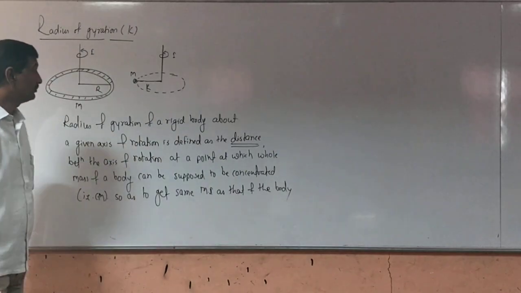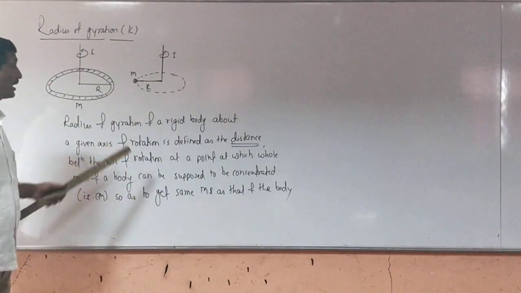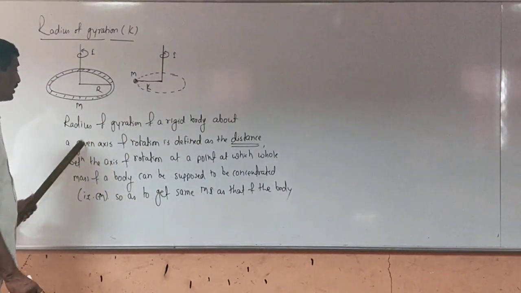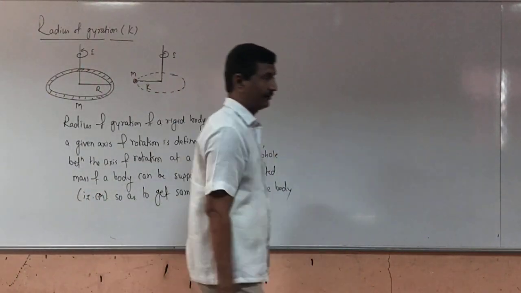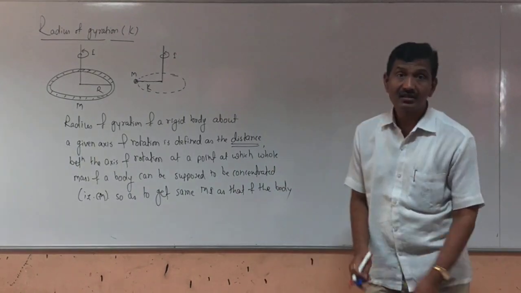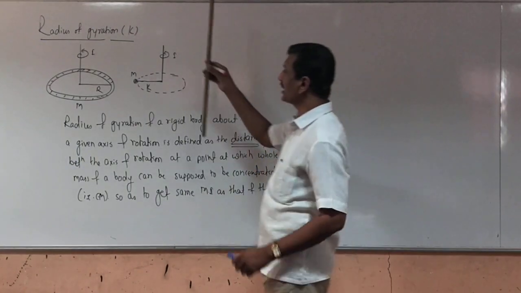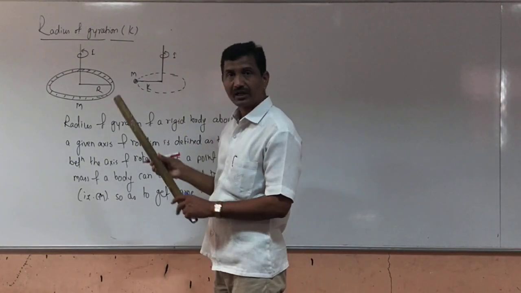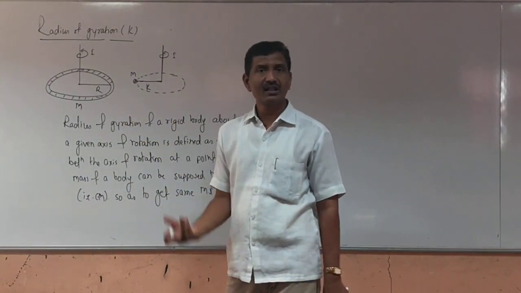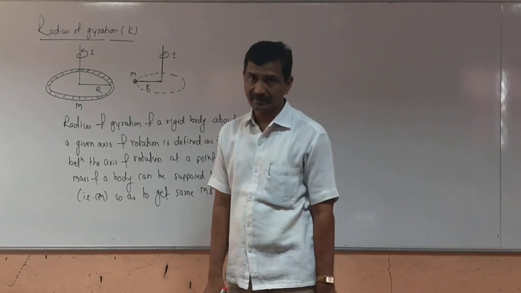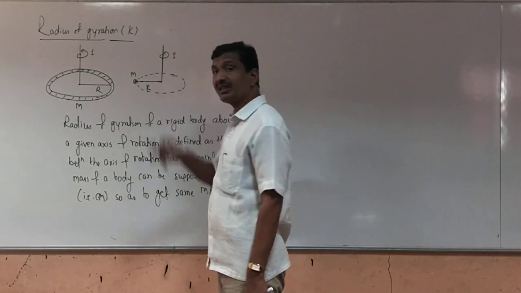See the wording again. The radius of gyration of a rigid body about a given axis of rotation is defined as the distance. Which distance? The distance between the axis of rotation and the point at which the whole mass of a body can be supposed to be concentrated. That is nothing but the center of mass. But what is the condition?